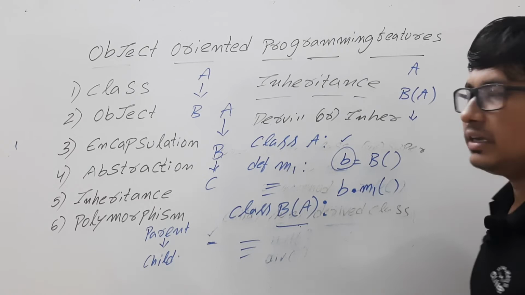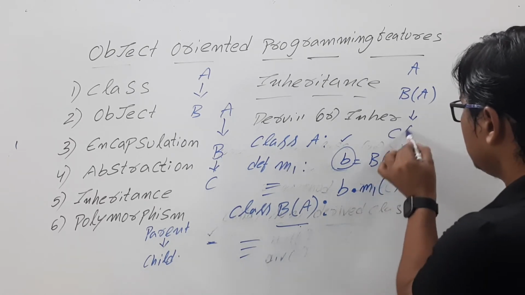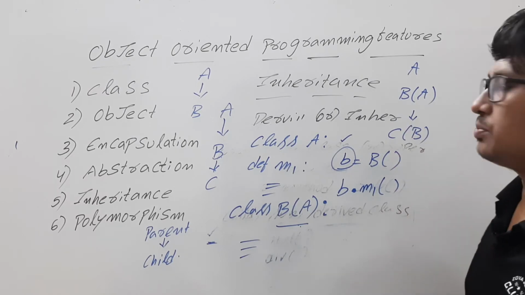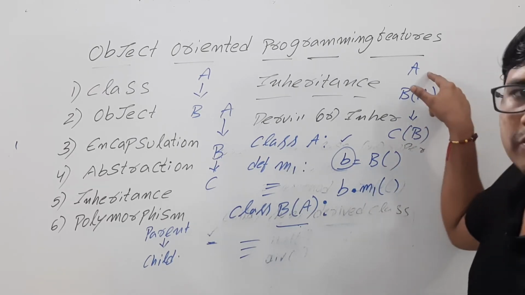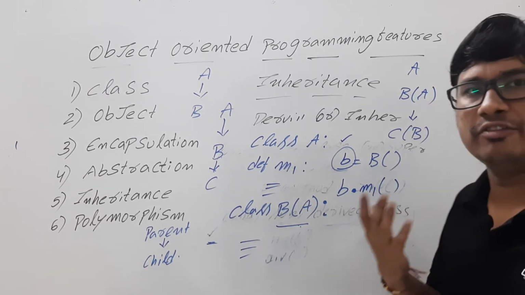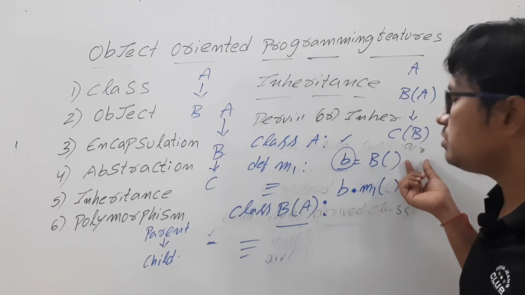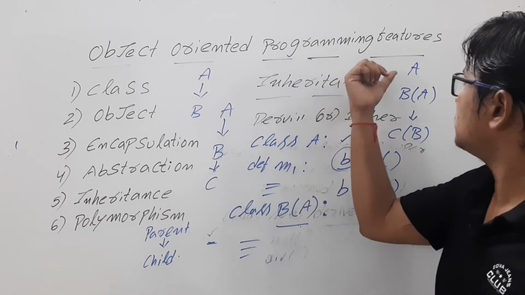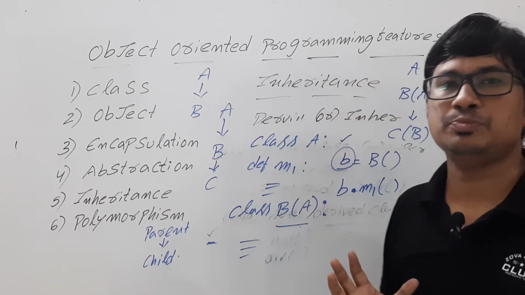Then you are creating one more class, C, which will derive the properties from class B. So class B is deriving from class A, and class C is deriving from class B. So using the object of class C, you can access the methods of class A and class B also.